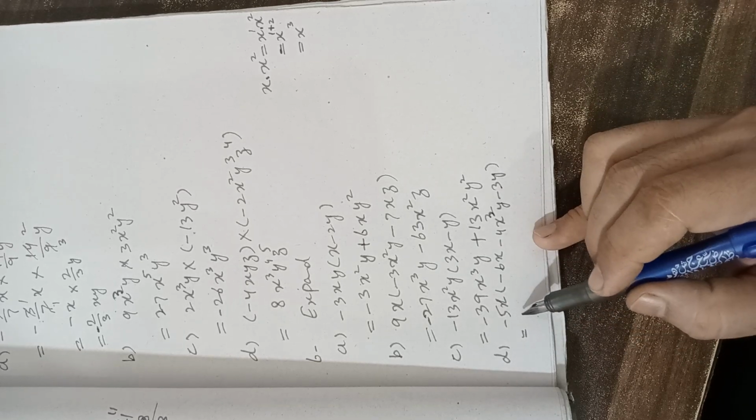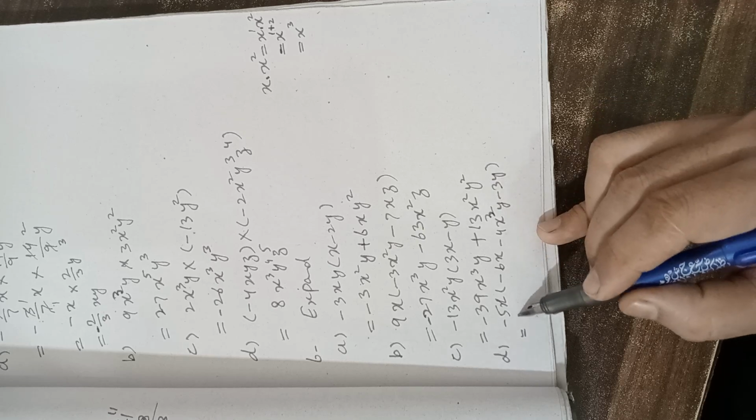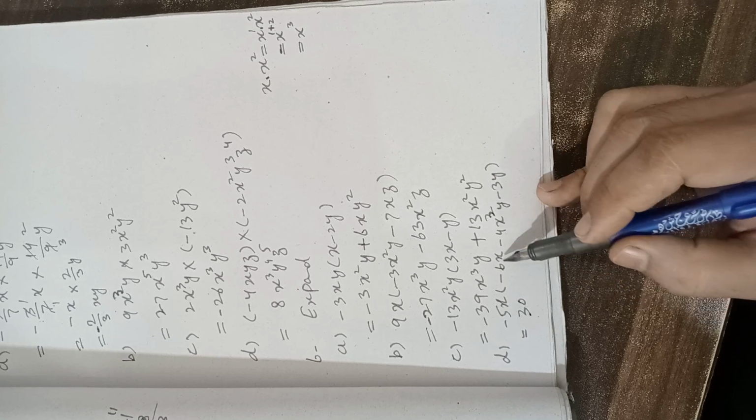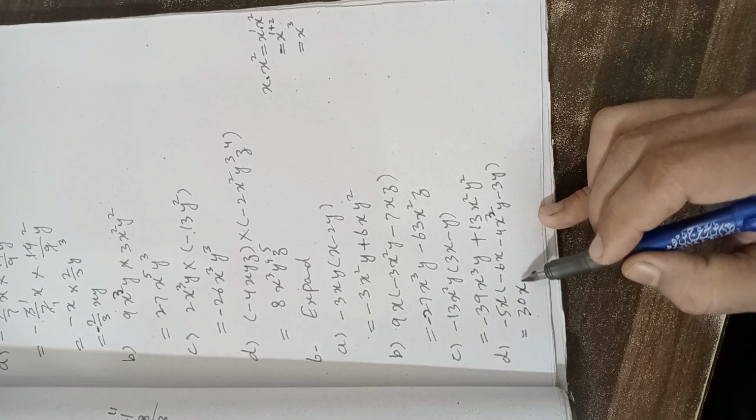Always write equal sign here. 5 when multiplied by 6 is equal to 5 6s are 30, and minus makes plus, and x makes x square.